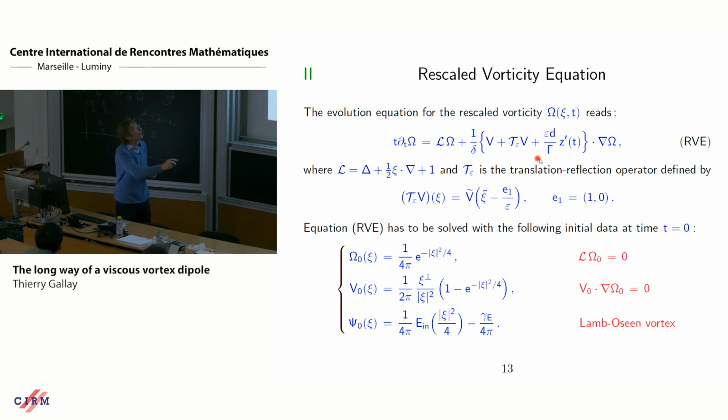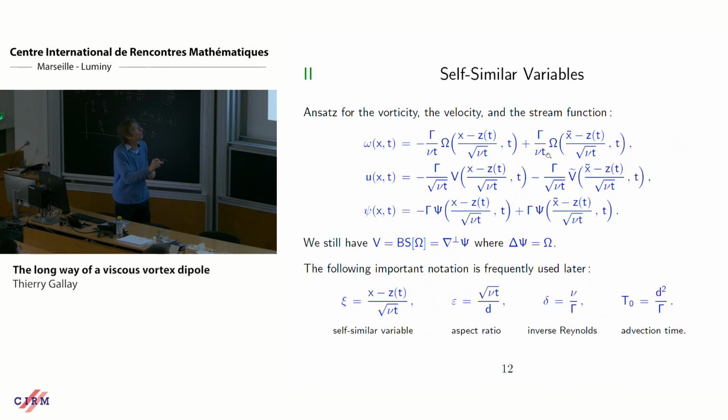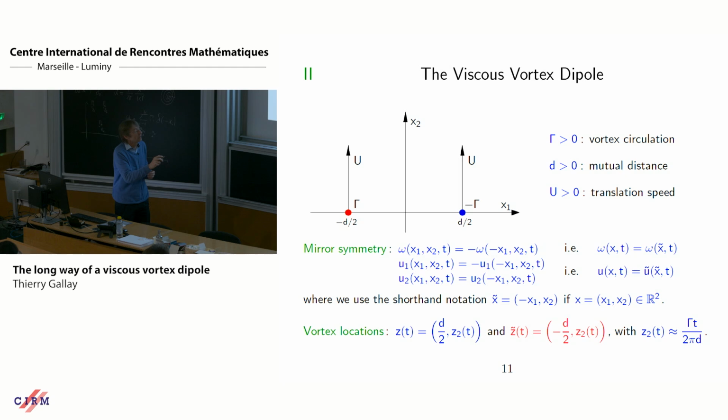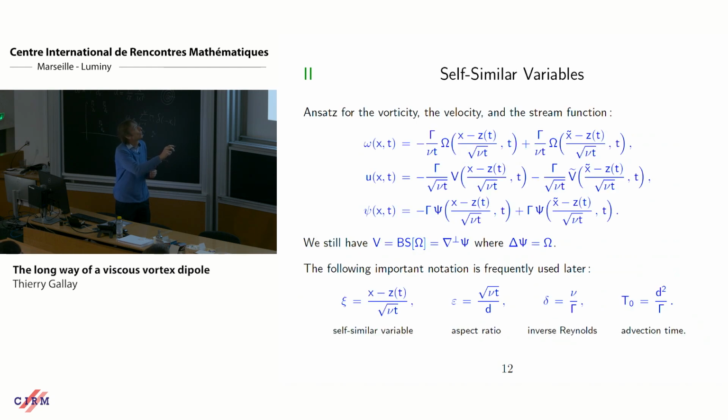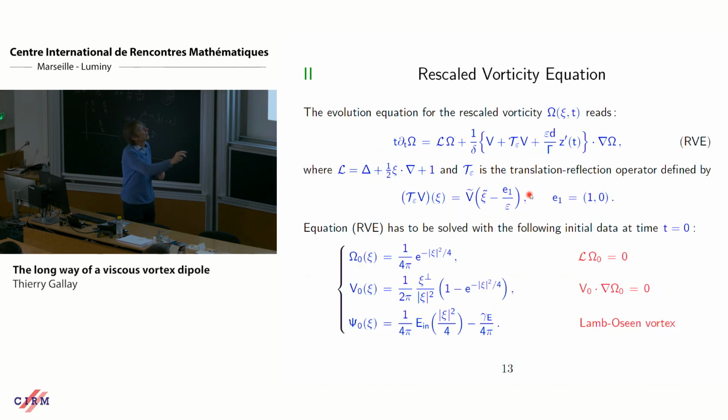And what is this term? Well, this term is just because I went to a moving frame with some unspecified velocity z of t, okay? So of course you have advection by the velocity of the moving point. If you go to a moving frame, you generate an advection term which involves the speed of your moving frame. This you have always.